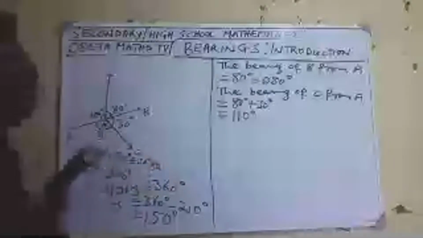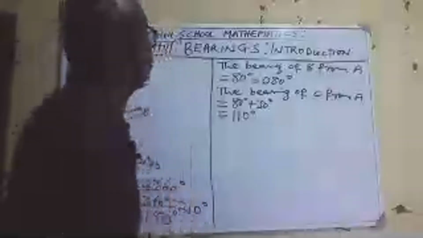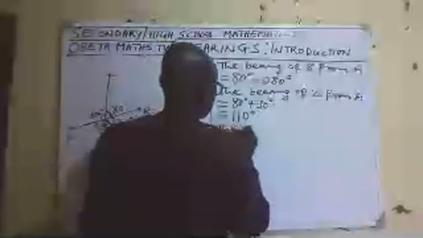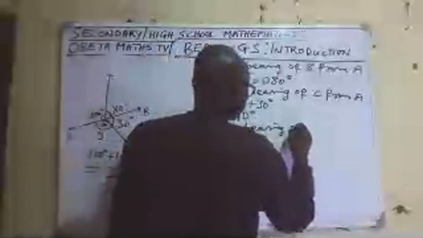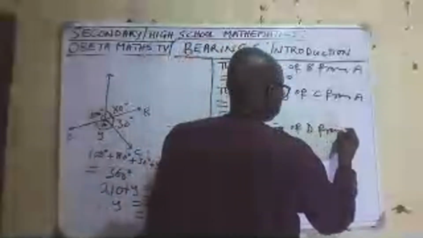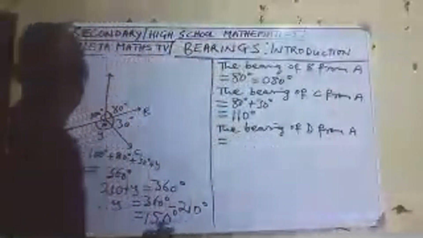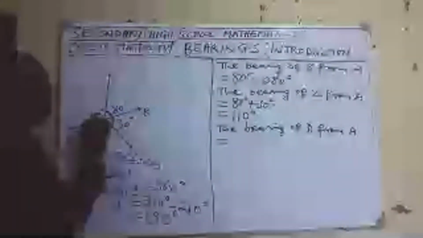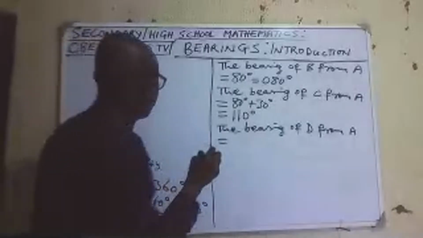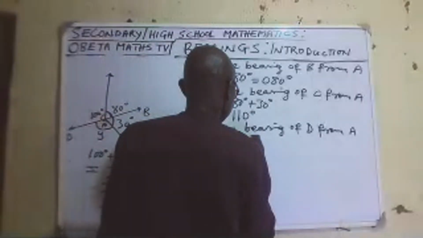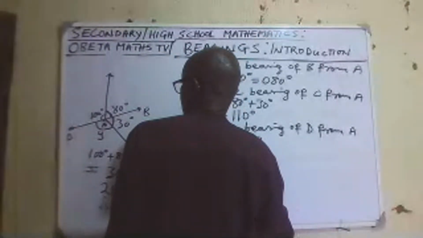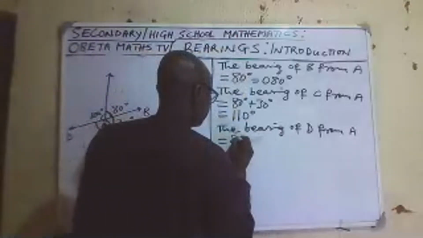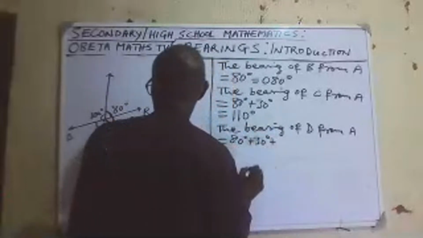Then the next one is for us to find the bearing of D from A. You always start from the north and continue until you get to the line joining D. That means we are talking of 80 plus 30 plus 150.